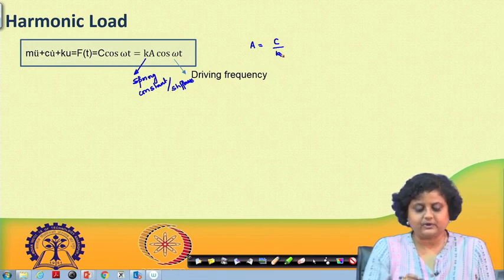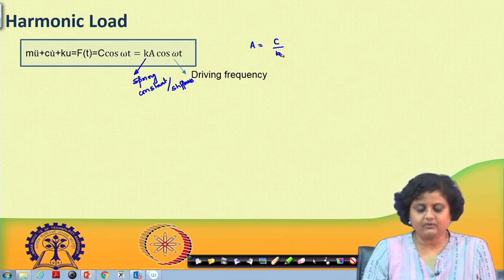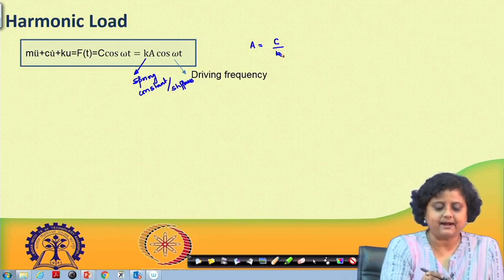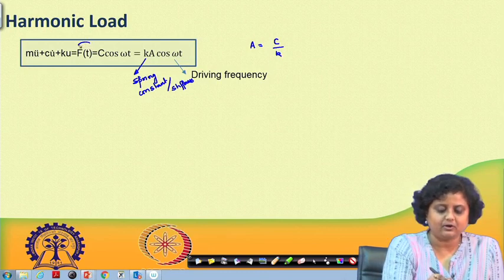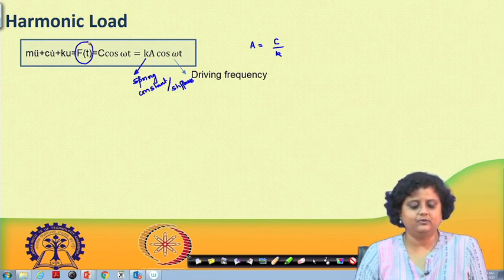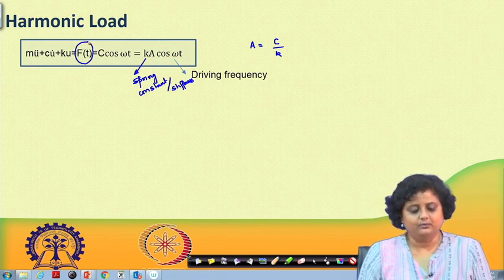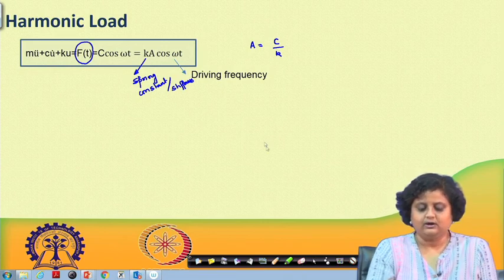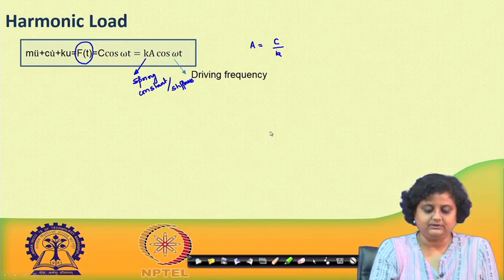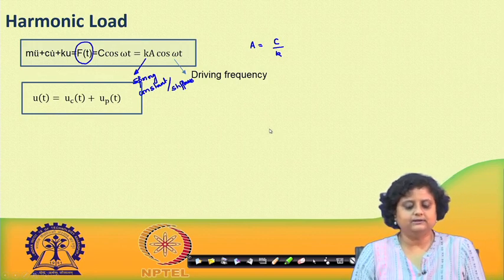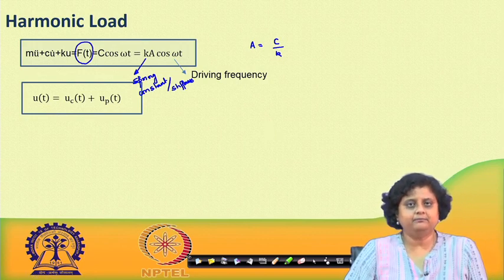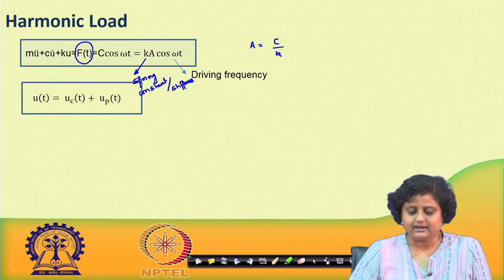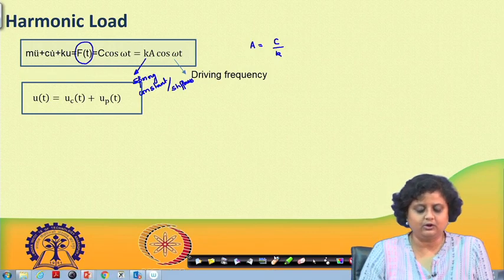If this is the equation of motion, I see that the right hand side of the equation is no longer 0 and therefore, my equation is a non-homogeneous equation. We know how to solve a non-homogeneous equation, as it is there in basic engineering mathematics.